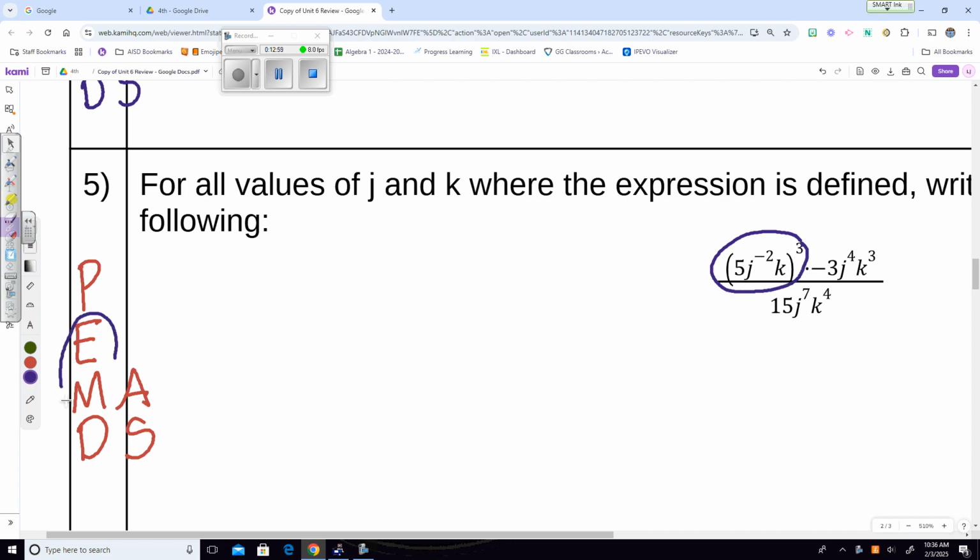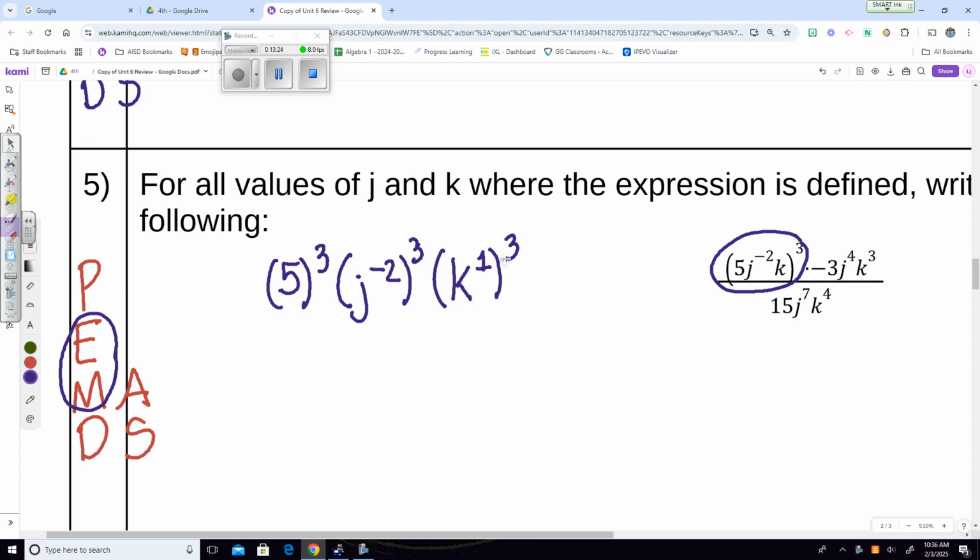And what do you do when you have exponent to exponent? Multiply. So you break it up into its parts though, kiddos. So it's going to be 5 to the 3rd, j to the negative 2 to the 3. Now the k doesn't have an exponent, but what's the understood exponent? 1. All right.